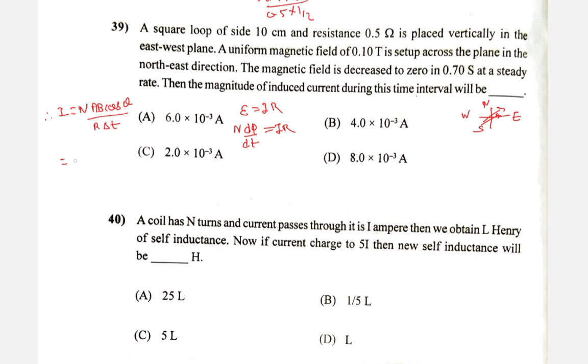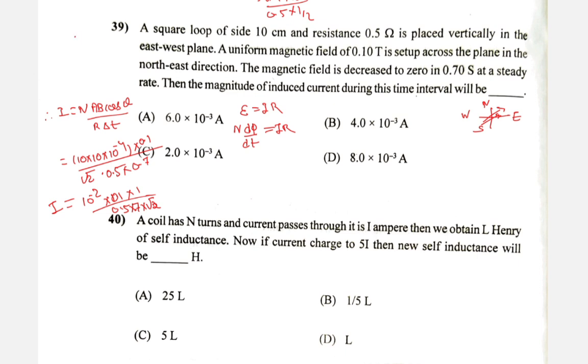For area, what will we do? 10 into 10 to the power minus 4 multiplied by the magnetic field given as 0.1 Tesla, multiplied by cos theta. What will it be? It is the east-west plane, so cos 45, divided by √2, resistance is 0.5 and multiplied by 0.7. So I is equal to 10 to the power minus 2 multiplied by 0.1 multiplied by 1 divided by 0.5 into 0.7 into √2.